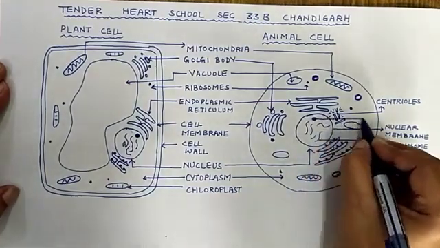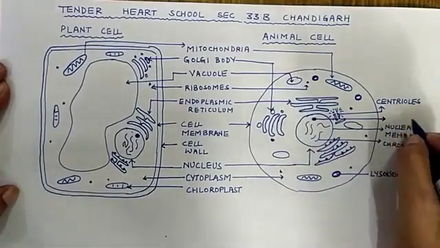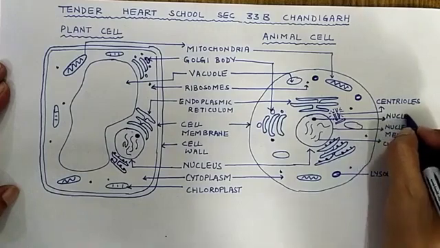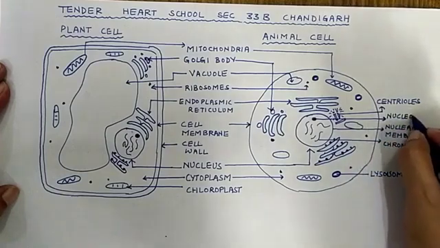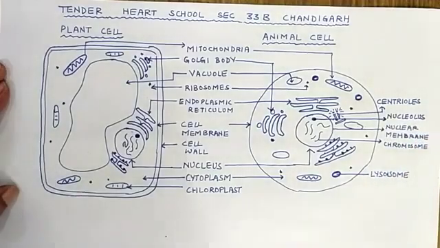And this one is the nucleolus, right? Nucleolus. So this is all about the plant and animal cell, children. Thank you.